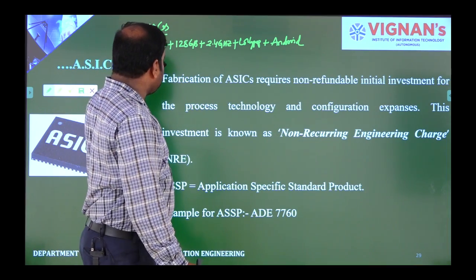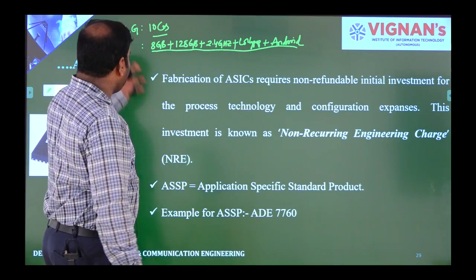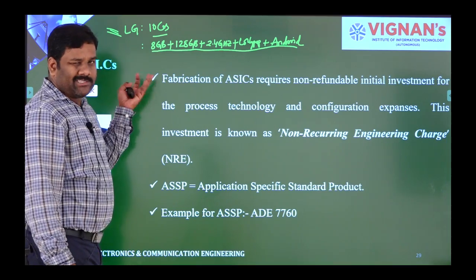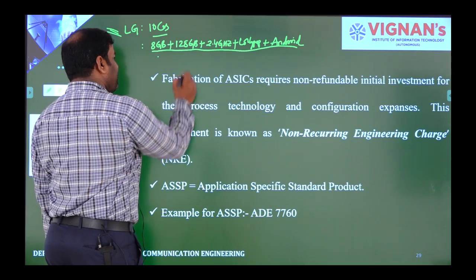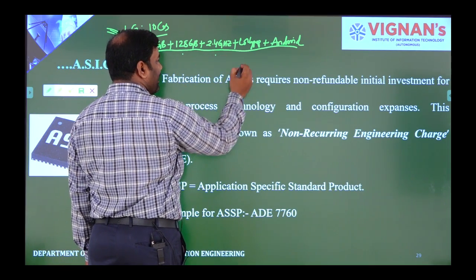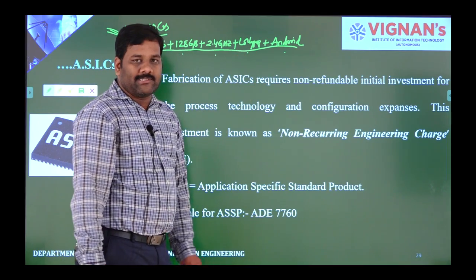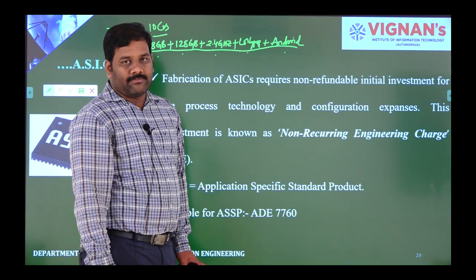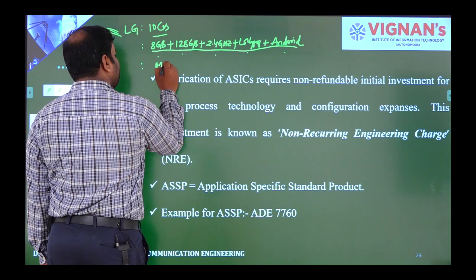So this is my specification, that I have given 10 crores to the vendors, Intel or Intex, any one of them, and my constraint is I need RAM as 8 GB and ROM as 120, and the frequency speed is 2.4 gigahertz, and it should contain the OS as Lollipop, and the processor should be Android.